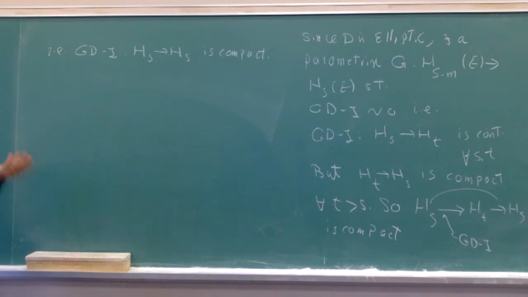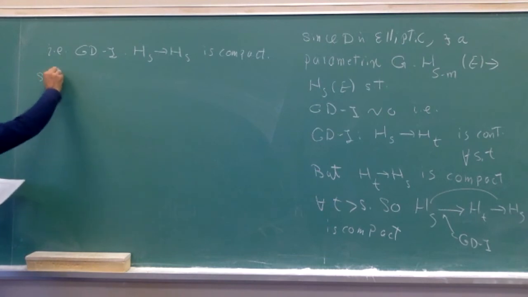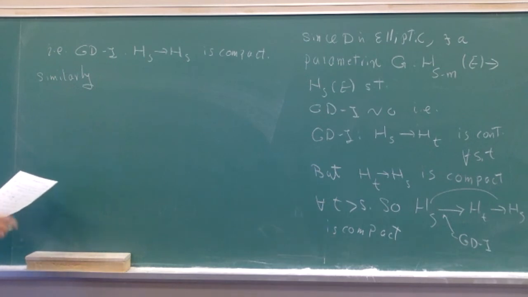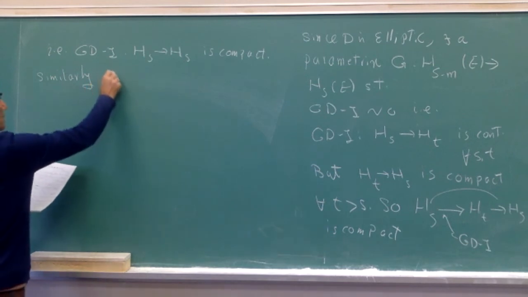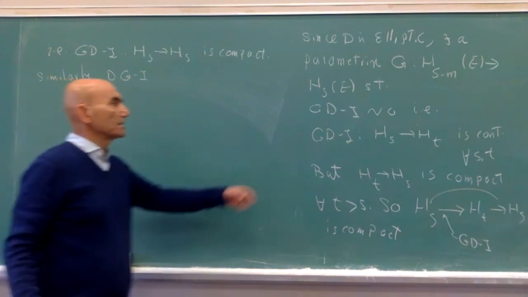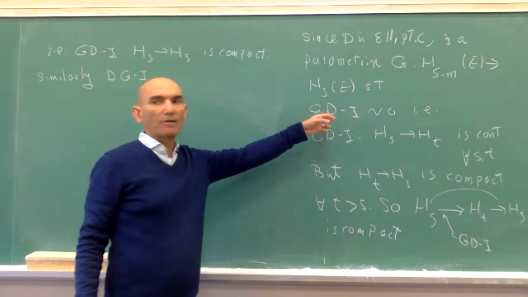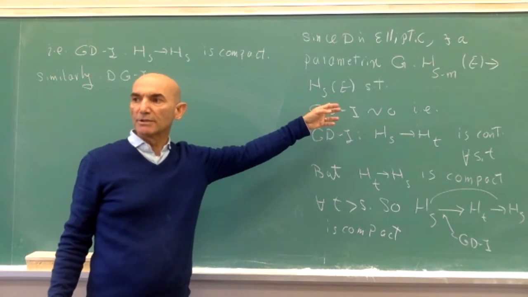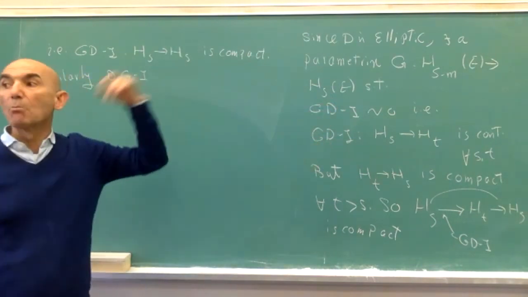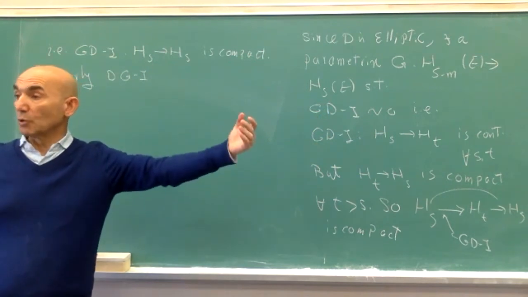One can use similarly the other way around. One can go the other way around. Similarly, DG minus identity, because the way we chose this G was that its symbol, in fact, was the two-sided inverse for the symbol of D in the algebra of pseudo-differential symbols, modulo infinitely smoothing symbols, of course.